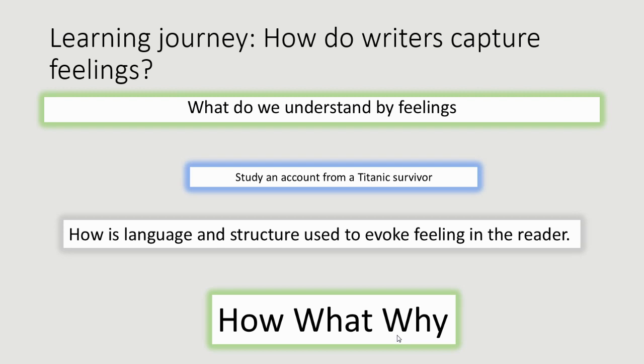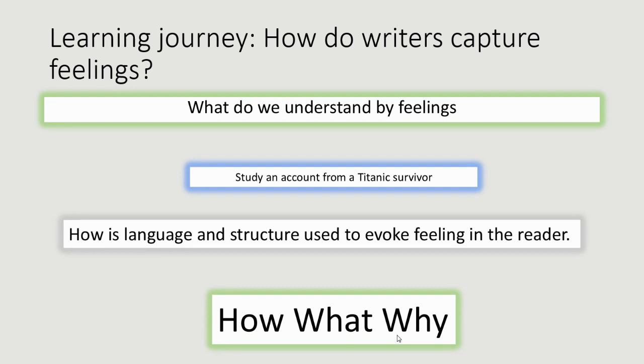Okay, our learning journey today is to look at how do writers capture feelings. And we're going to look at how writers capture feelings, and it might be their own feelings, it might be the feelings of a character they've created, and how the feelings that they're writing about can evoke and create feelings for the reader themselves.